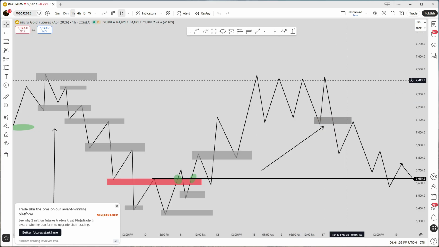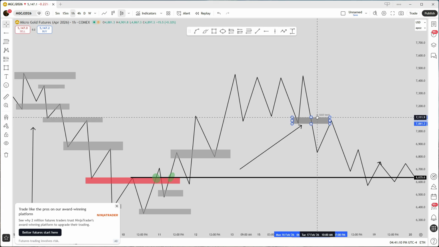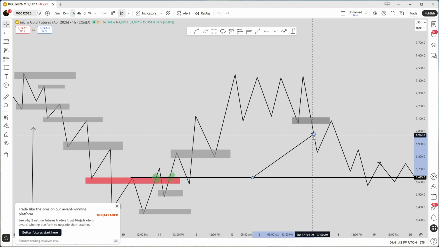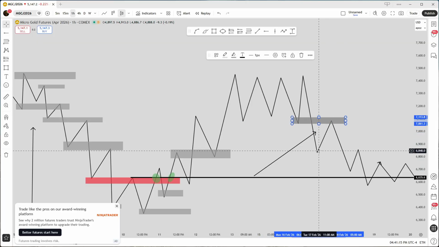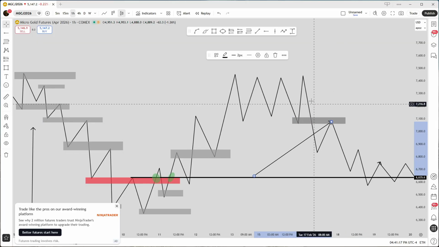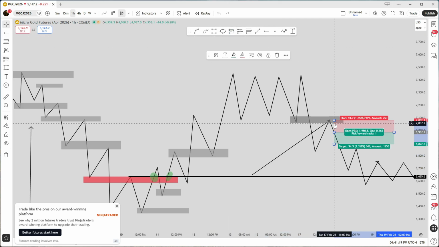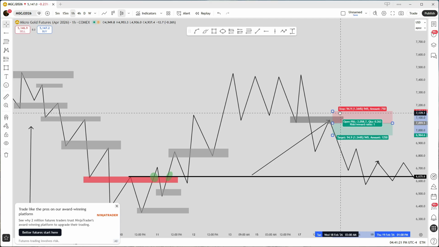Just put that gray. This is the last low, and then price creates a higher low, a lower high, a lower low, and then you take a trade here for the sell. Simple as this.